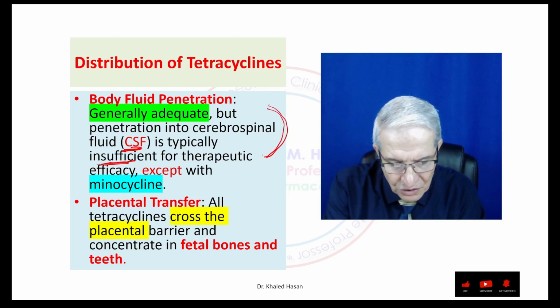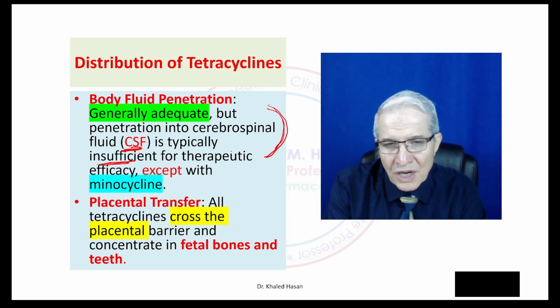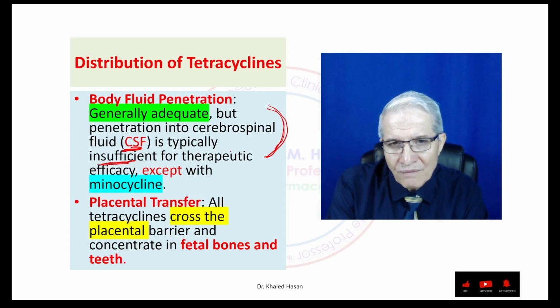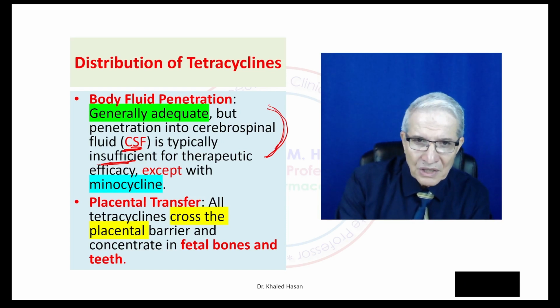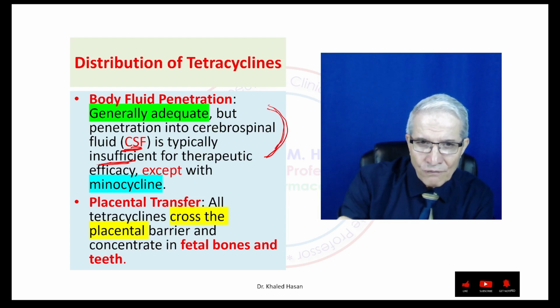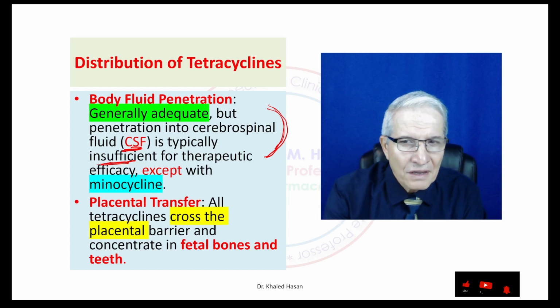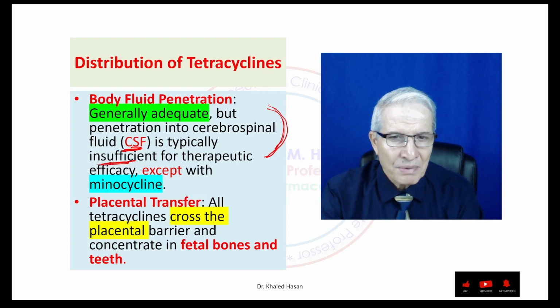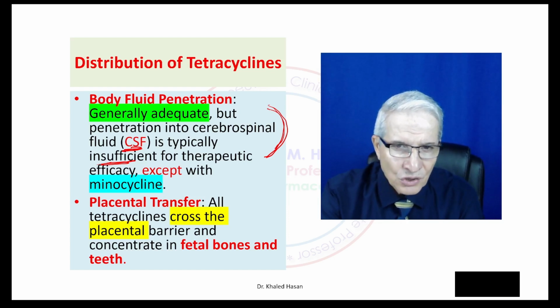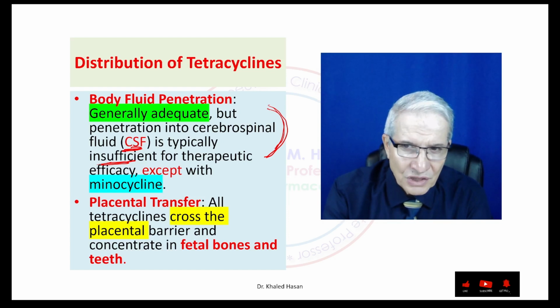Because it is not ideal treatment for meningitis, we don't use tetracycline for meningitis, because tetracycline is unable to arrive with enough concentration to kill the bacteria in the brain. It is unable to penetrate the blood-brain barrier and reach the brain with enough concentration to treat and kill the bacteria.